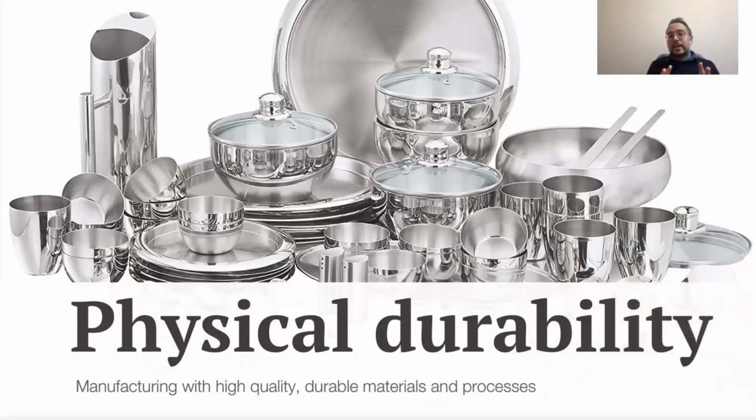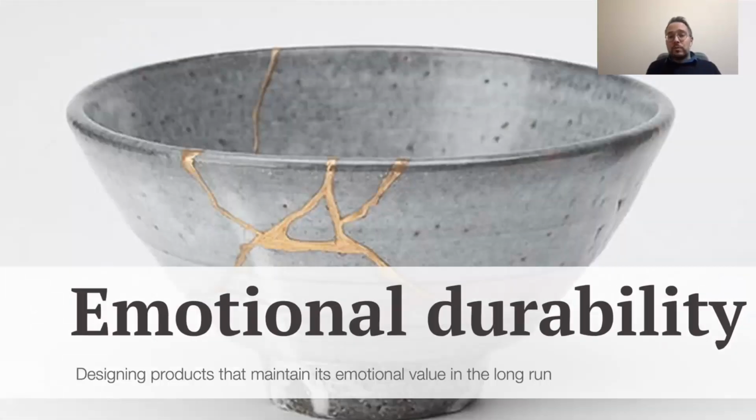The fourth technique is increasing the lifespan and durability of a product. Durability has two sides. One of them is physical durability. You can opt for manufacturing a product with high quality and durable materials, like in this case, stainless steel. Or we can also talk about emotional durability: designing products that maintain their emotional value in the long run.